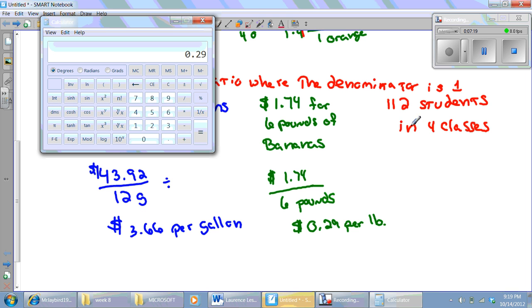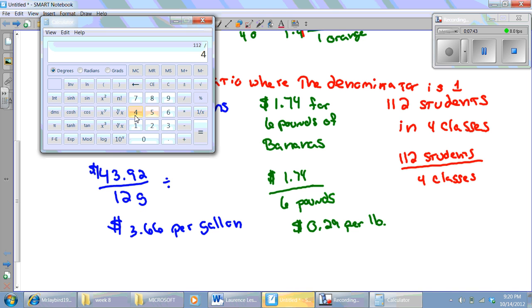That's it. Mr. Lawrence has 4 core classes. If he has 112 students in 4 classes total, what's the unit rate? In other words, how many does he have on average in each class?